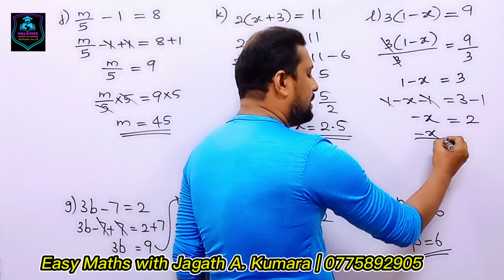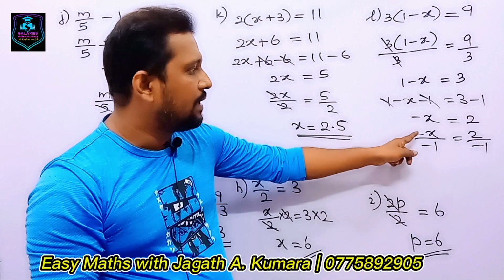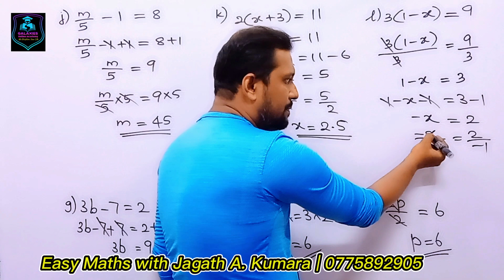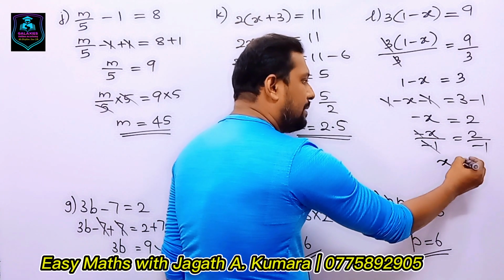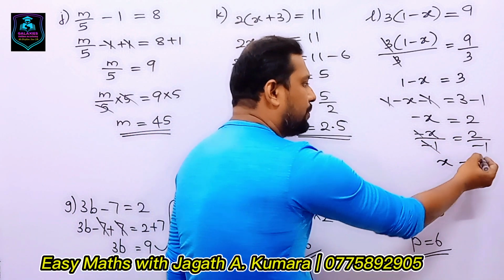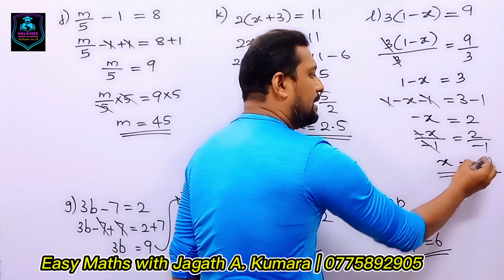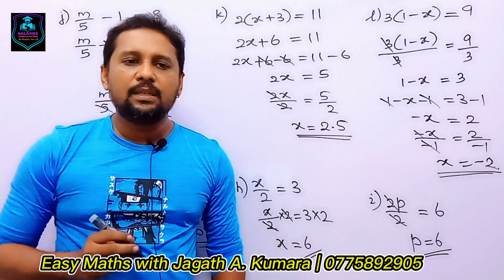Negative x divide negative 1 and 2 divide negative 1. Then what happened? Negative 1 and negative 1 cancel. Negative x means negative 1x, no? Then these two cancel. So this side remaining x. Positive divide negative, negative. 2 divide 1, 2. Right? So what is the answer? Negative 2. X equal negative 2.